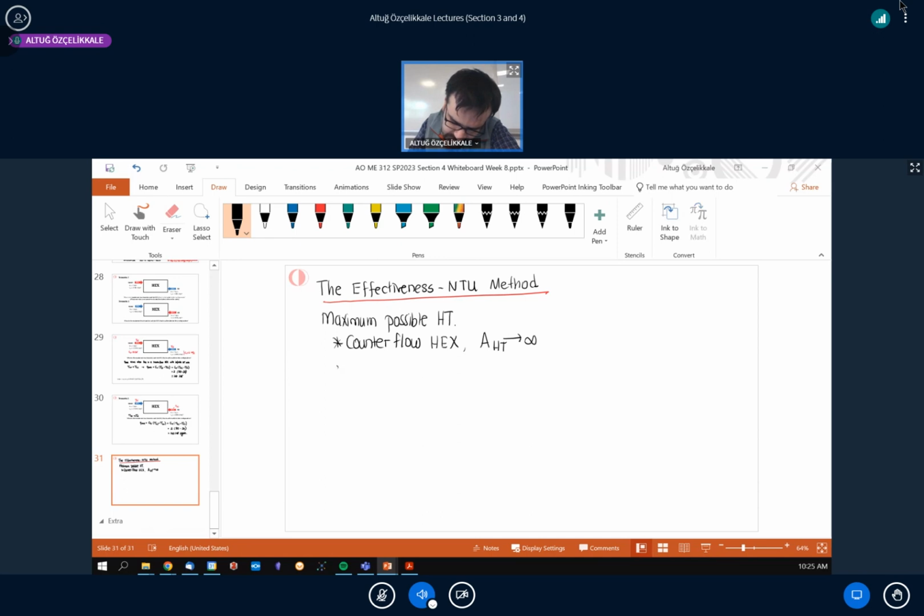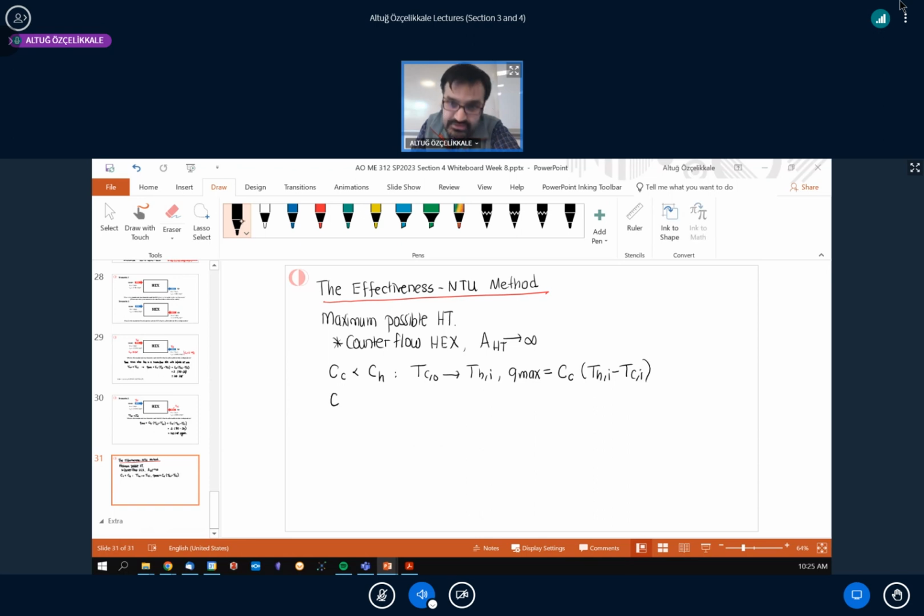So if the cold fluid heat capacity rate is greater than the hot fluid heat capacity rate, the cold fluid outlet temperature is going to approach that of the hot fluid inlet temperature. And therefore, you can calculate Qmax as the heat capacity rate of the cold fluid times the hot fluid inlet temperature minus the cold fluid inlet temperature. Great.